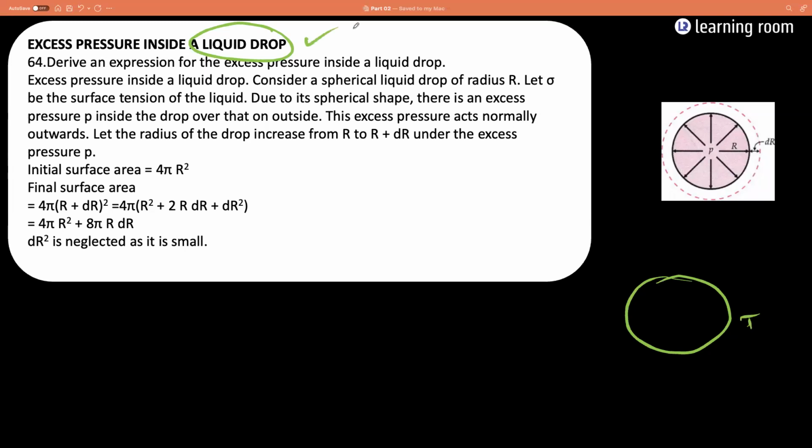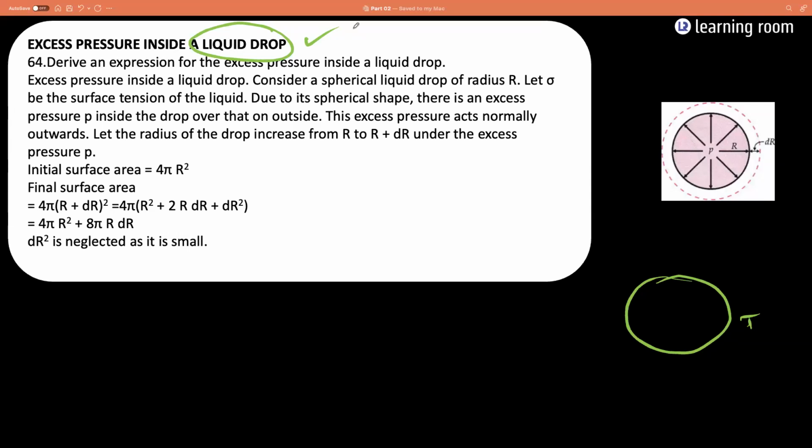Now tell me, what did we consider? We considered a liquid drop. For a liquid drop, how many free surfaces are there? 1, sir. Because outside is air, inside is liquid.